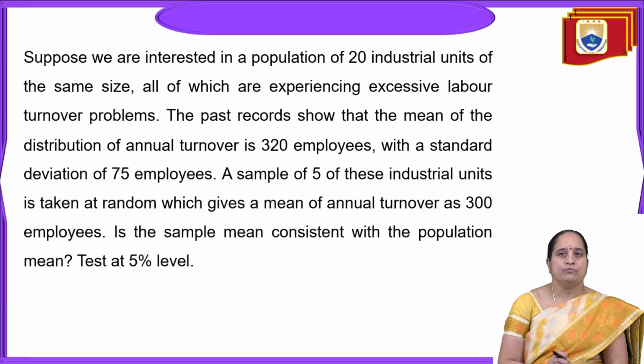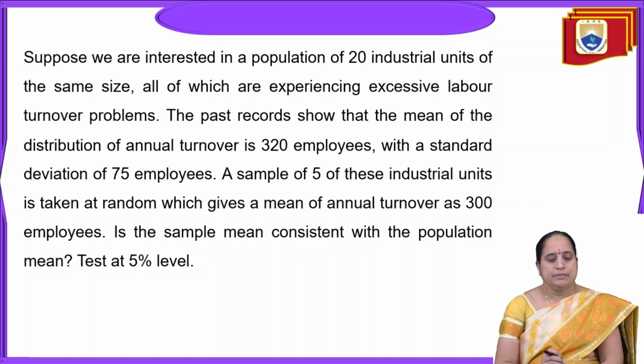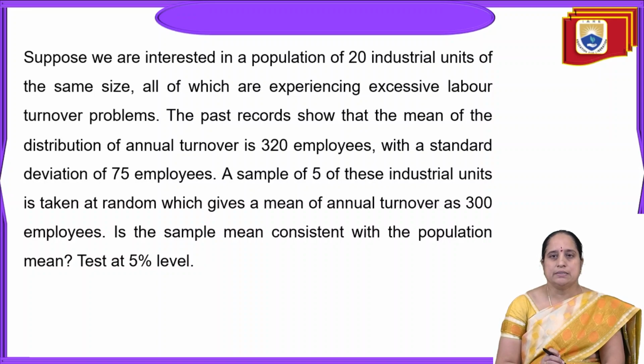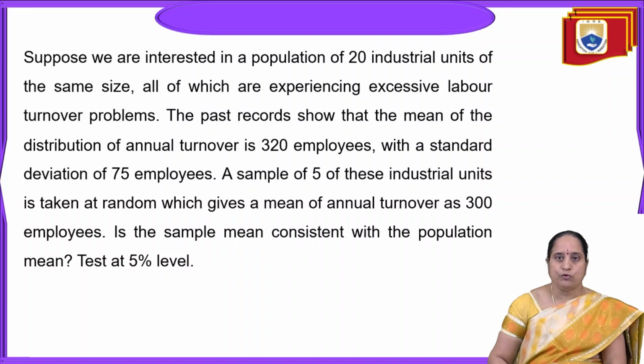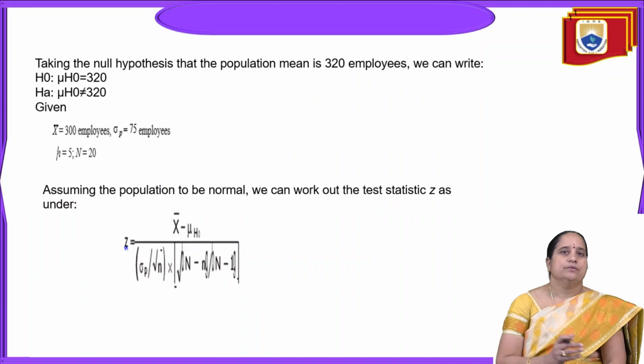A sample of 5 of these industrial units is taken at random, which gives a mean annual turnover of 300 employees. Is the sample mean consistent with the population mean, tested at 5% level? Here we take the null hypothesis as population mean is 320 employees.